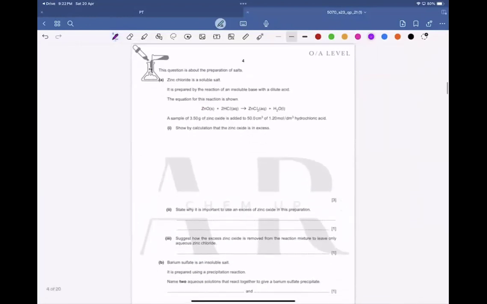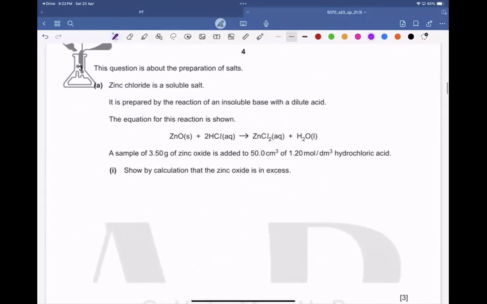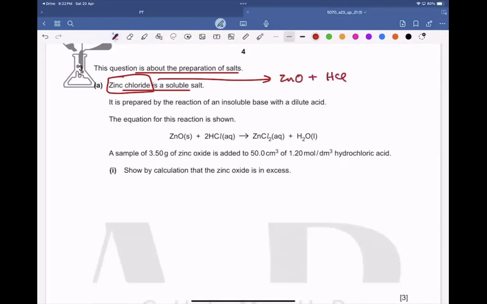Now, question number 3. This question is about the preparation of salts. Zinc chloride is a soluble salt. Okay, can anyone recall, as we have discussed the methods, by which method we can prepare zinc sulfate, zinc chloride? The most appropriate method is one when we react zinc oxide with HCl, right?